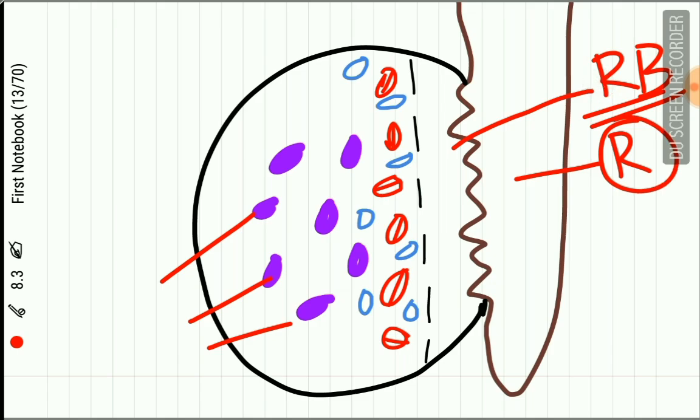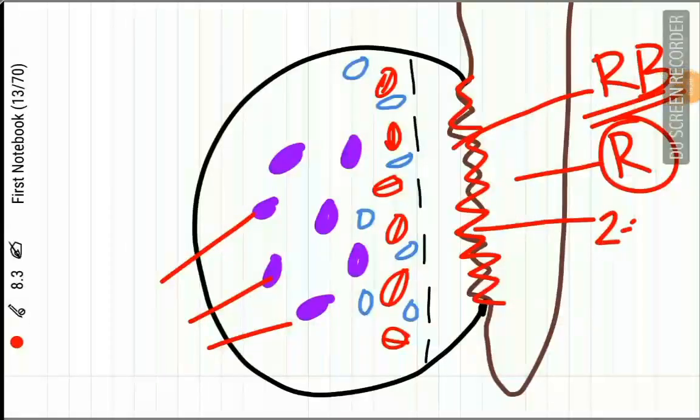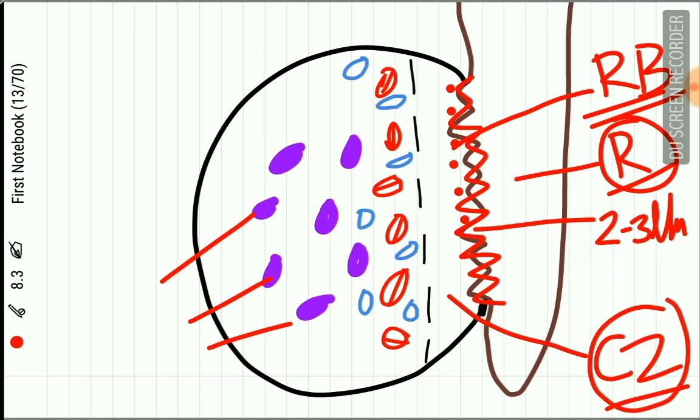Now this ruffled border has extensive infolding of the plasma membrane. These infoldings are about 2 to 3 micrometer deep and they contain mineral crystals in them. Just adjacent to the ruffled border, below it, is the zone which is devoid of any cell organelles, and this is called the clear zone.